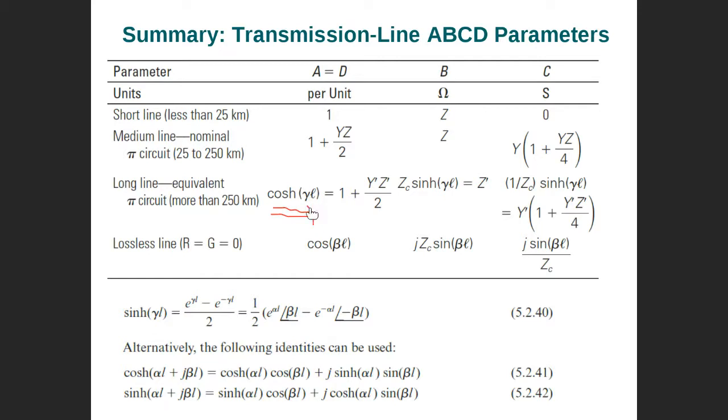So we multiply by the length of the line, and therefore it becomes per unit, dimensionless. And this equals this one here. So this gives you A. A is the cosine hyperbolic of this one.